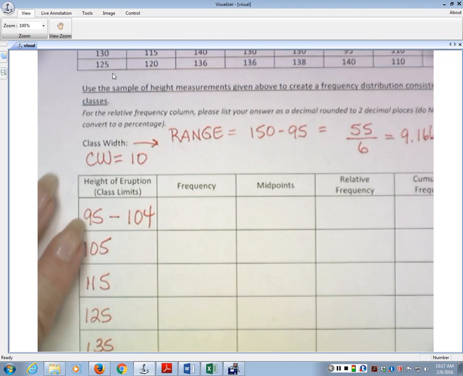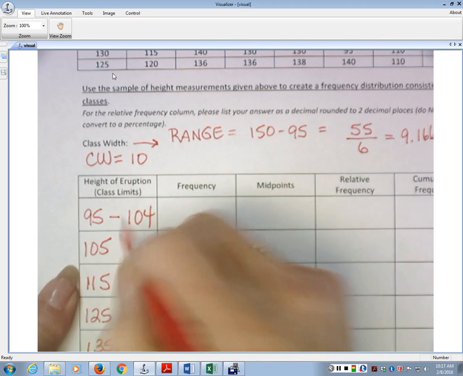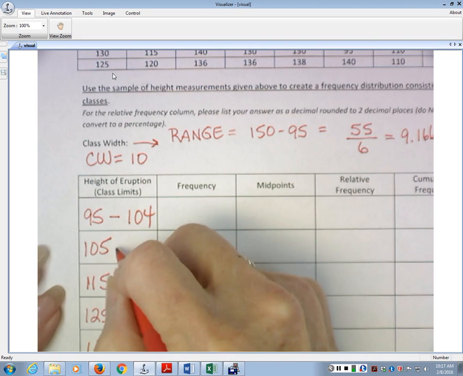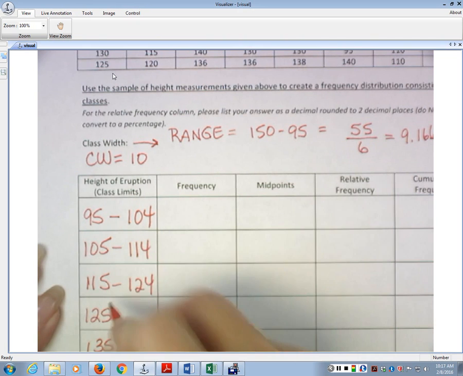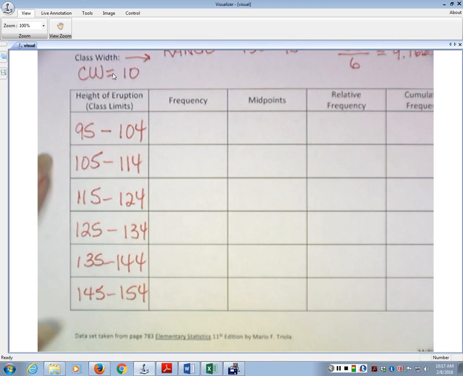So this one goes from 95 to 104, and because the class width is 10, we can get the upper class limits just by adding 10 to the first upper class limit. So this would go to 114, this would go to 124, this would go to 134, 144, and 154. So there's our class limits.